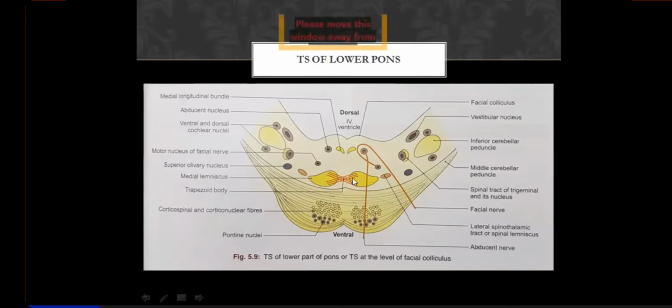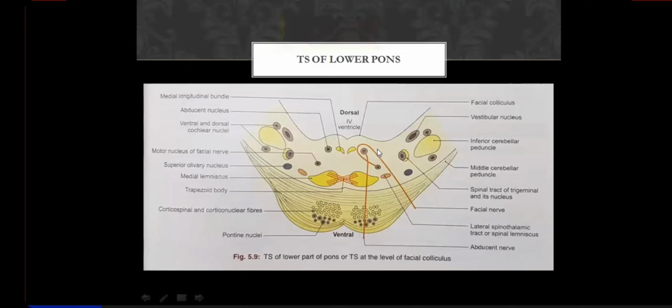Remember medial lemniscus? Anybody? What were the tracts passing through medial lemniscus? It will be the second order neurons of the dorsal column, nucleus of fasciculus cuneatus, fasciculus gracilis.